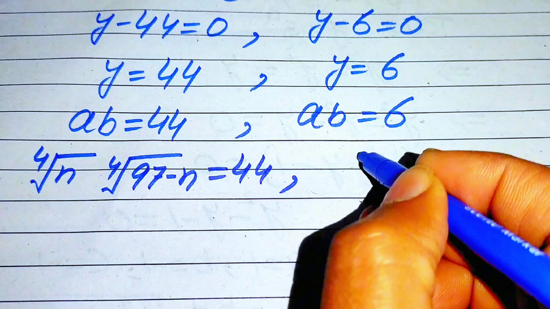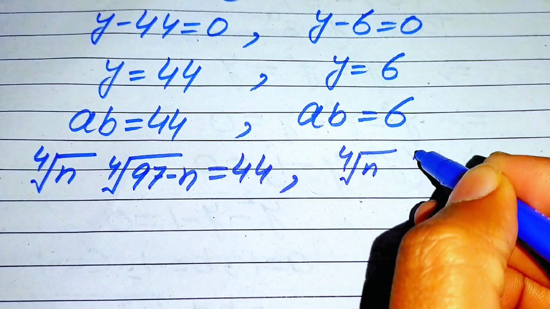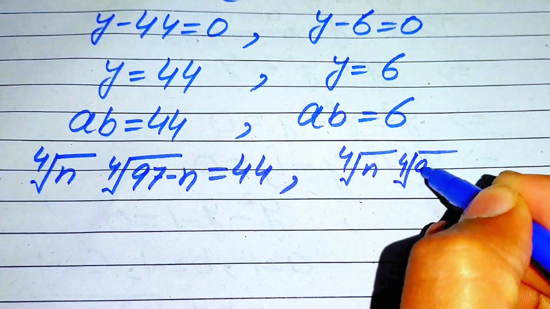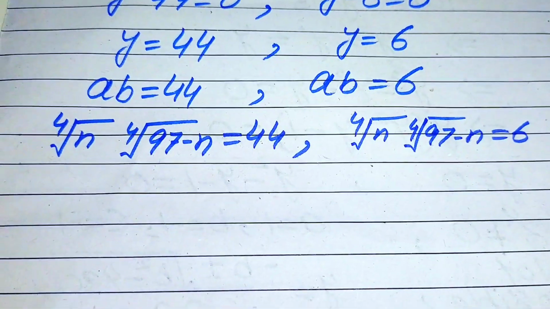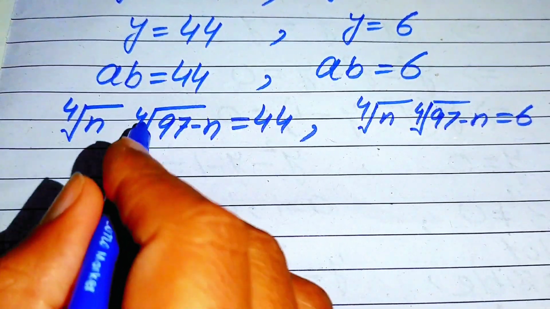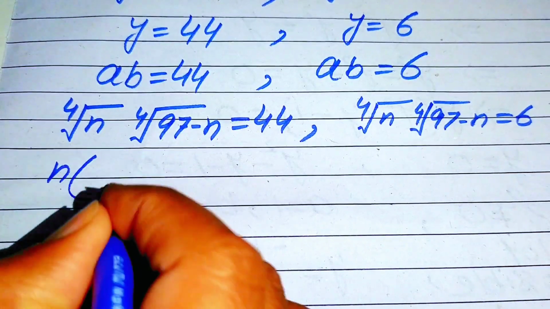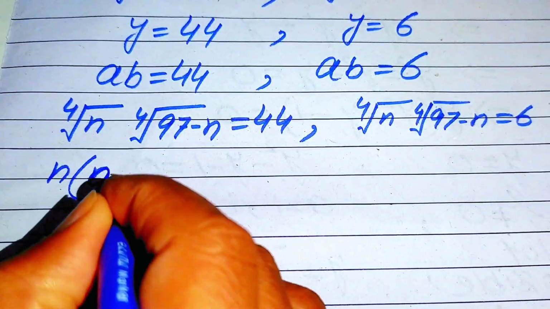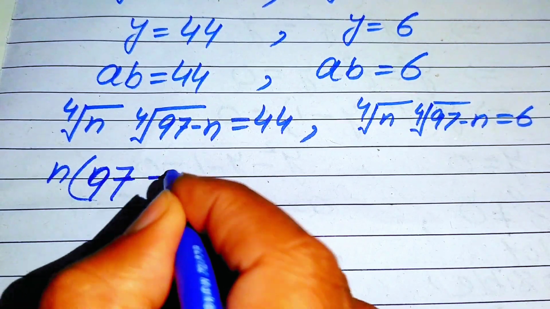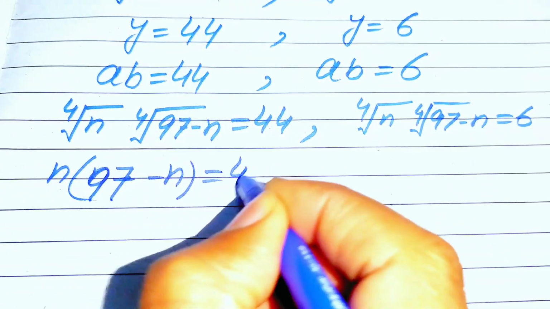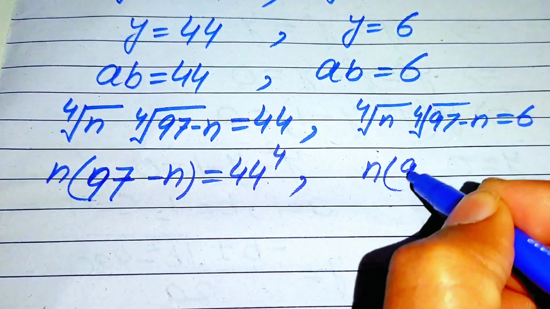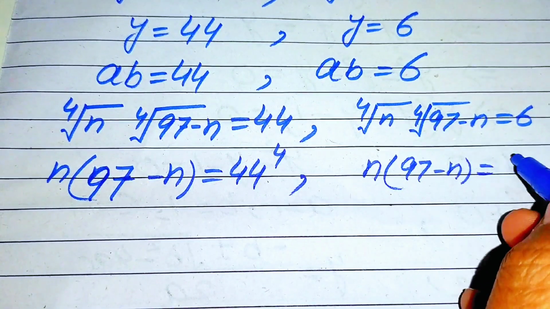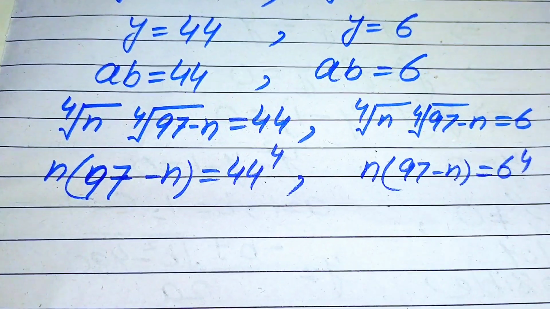And similarly in this case we have 4th root of n into 4th root of 97 minus n equals 6. So here we take the 4th power on both of the sides. So when we take 4th power on both sides, it becomes n into 97 minus n equals 44 to the power of 4, and in this case we get n into 97 minus n equals 6 to the power of 4.